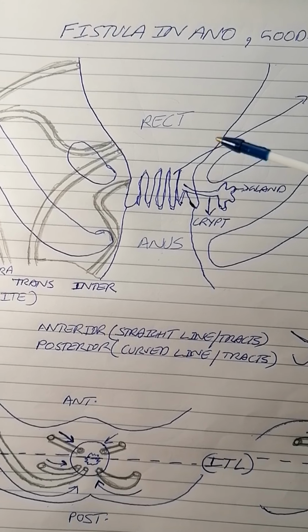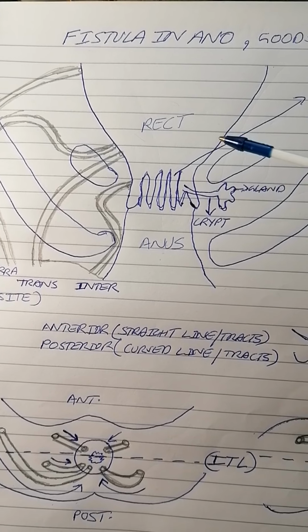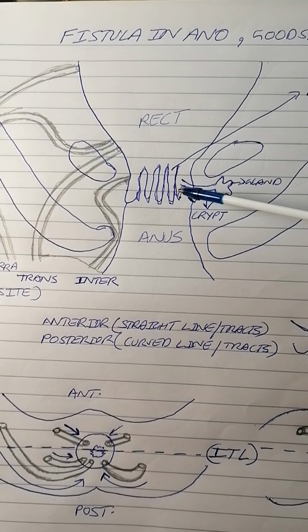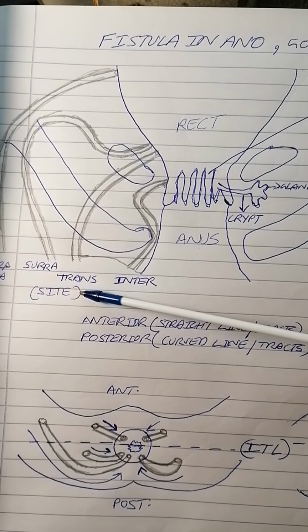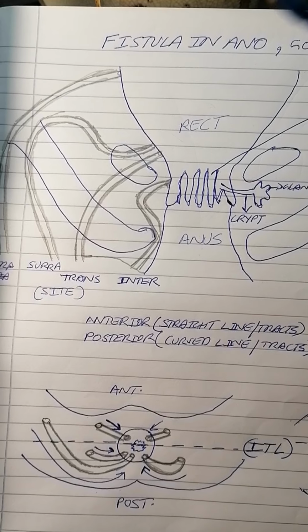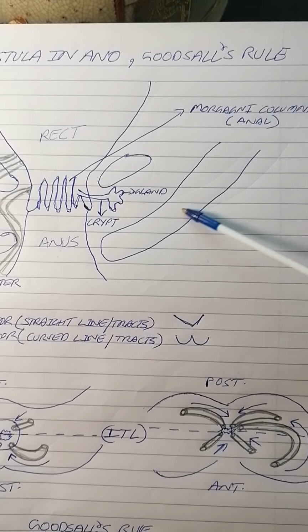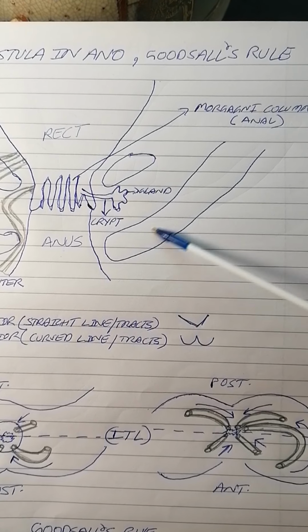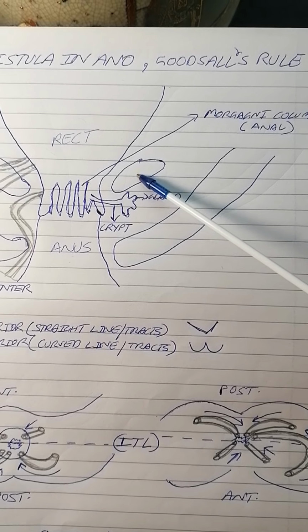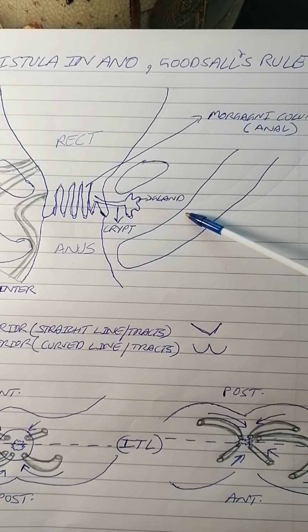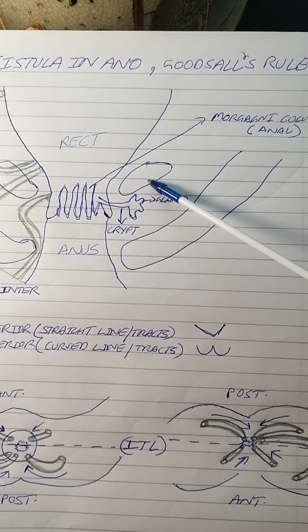About the fistula, there are four types of fistulas, mainly in the anal region. They are easy to remember with the mnemonic SITE. Here on this side, I have drawn the external sphincter muscle and the anal internal sphincter.